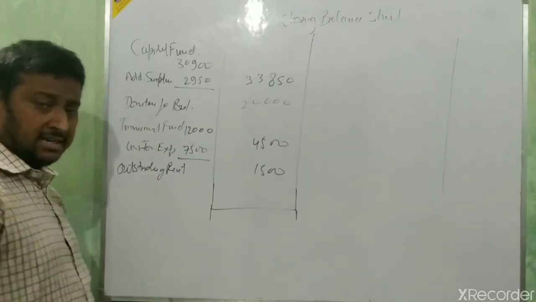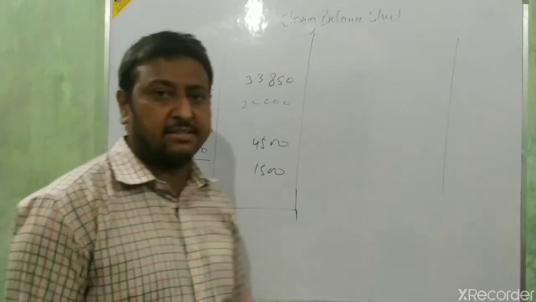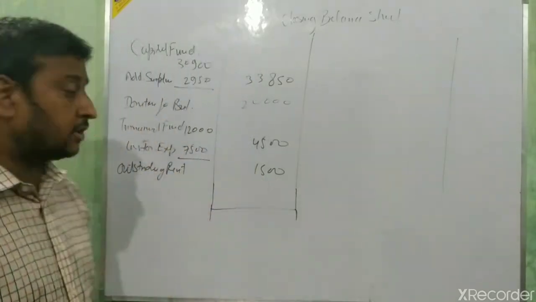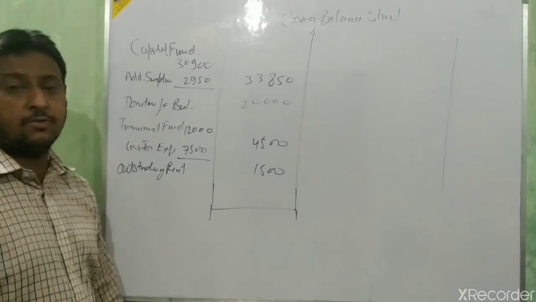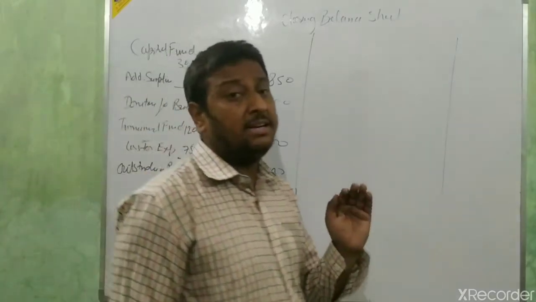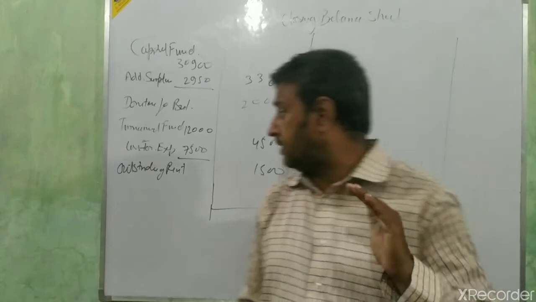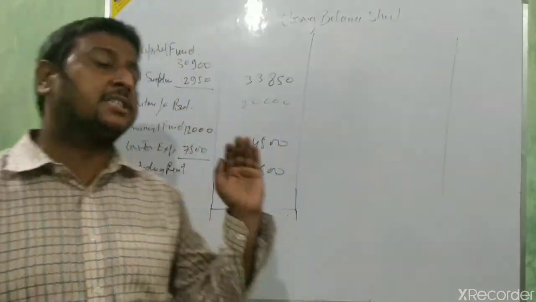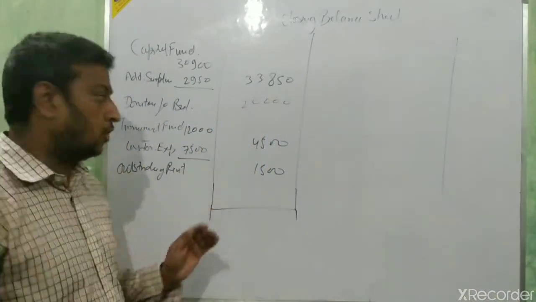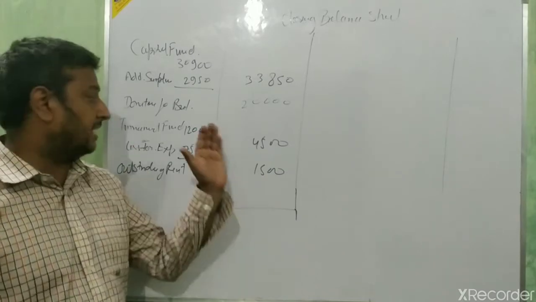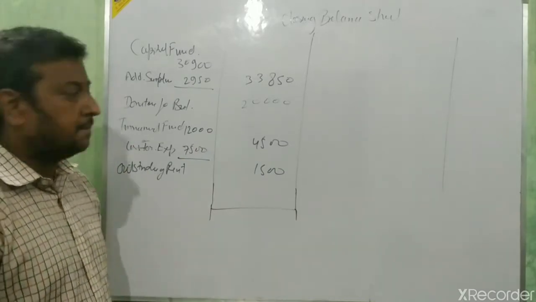Then tournament fund 12,000, less expense given for the tournament fund. Why do we deduct here? The total tournament fund is 12,000, but we spend during the year, so we deduct that amount, and the remaining amount is 4,500.